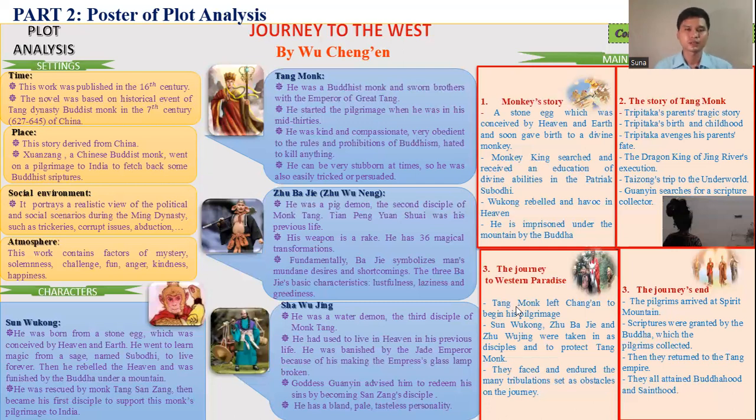Now let's talk about the last major character in this work, Sha Wujing. Sha Wujing was a water demon, and he is the third disciple of Monk Tang. He used to live in heaven in his previous life. He was banished by the Jade Emperor because of his breaking the crystal glass lamp.